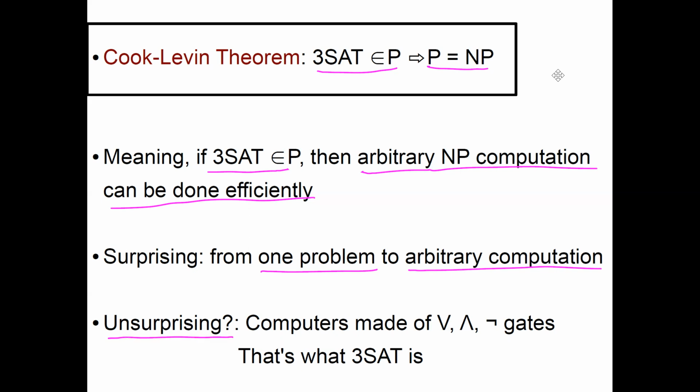Because, well, computers are made of OR and NOT gates, right? That's what 3-SAT is. So, you know, you can code up pretty much arbitrary computation with 3-SAT, and that's what the proof does. Okay, still, it's pretty cool, and it's a cornerstone of complexity theory.